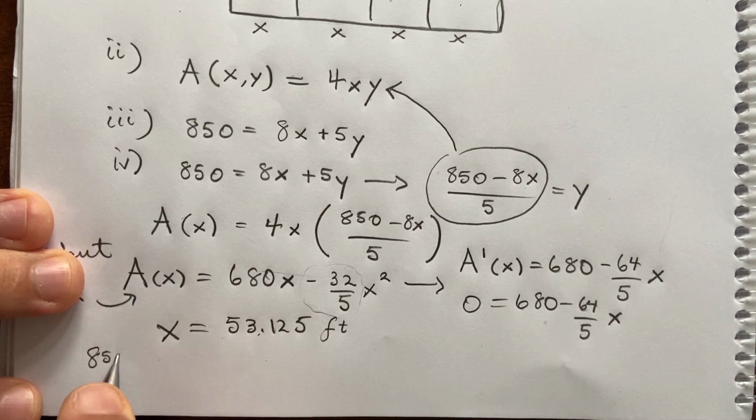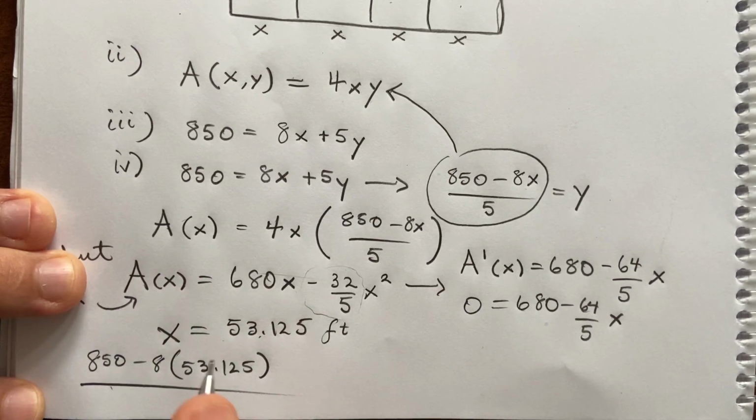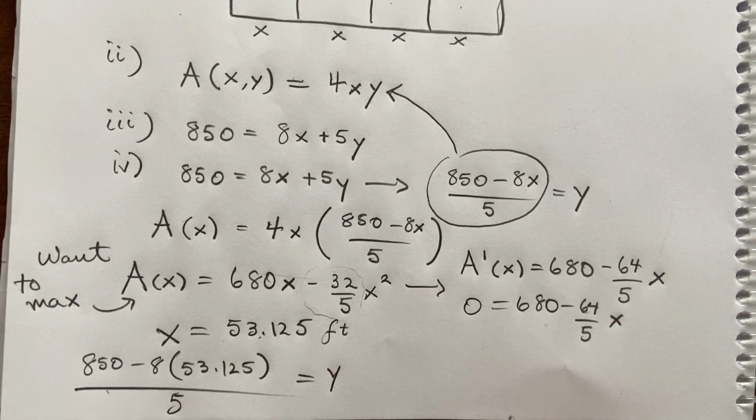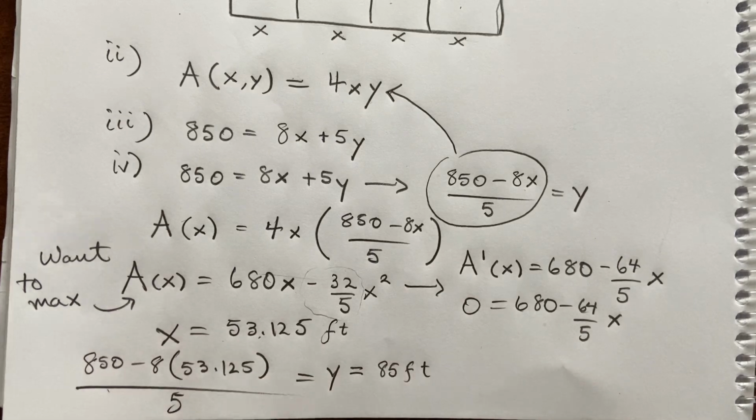So 850 minus 8 times 53.125 all over 5 will equal y. And some quick arithmetic there, y equals 85 feet.